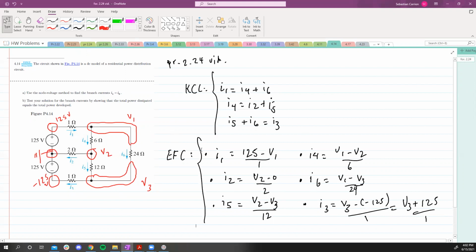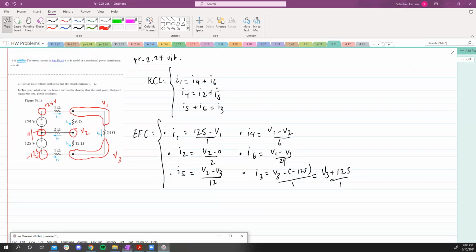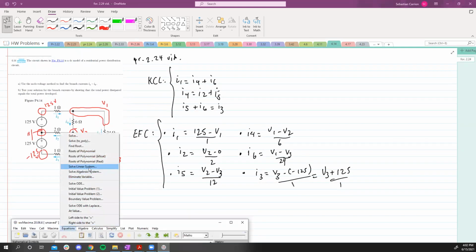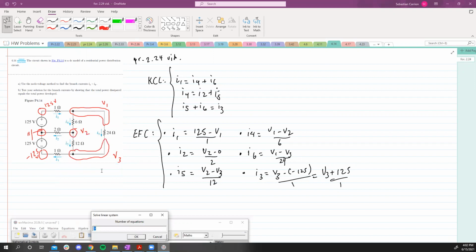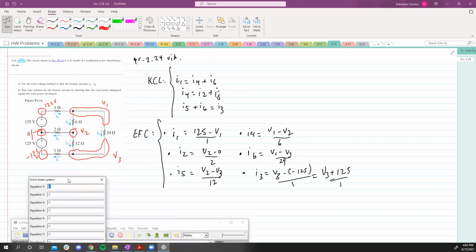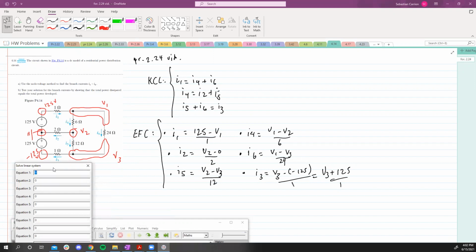Let's plug this into Maxima. Let's see, so we have 9 equations. Let's go ahead and write them. So I1 equals I4 plus I6. I4 equals I2 plus I5.